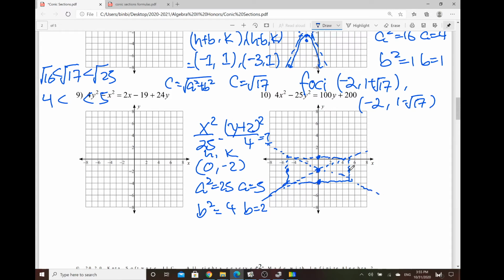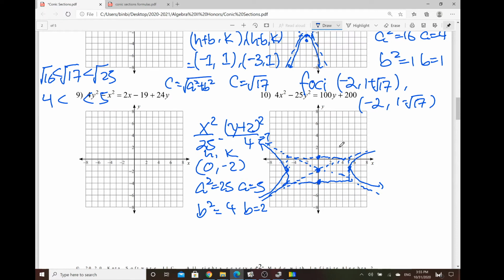Okay, we do know that it's a horizontal hyperbola, so it goes this way. And then the other one is going this way. So just like two symmetrical parabolas, one is going to the left, the other one is going to the right.